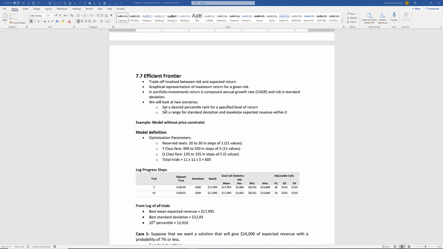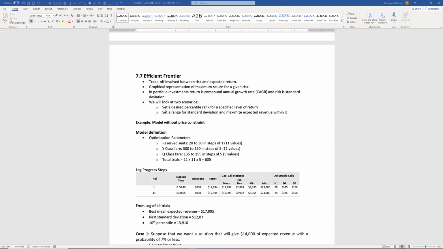Okay, and we will look at two different scenarios. We have a particular return that we want, say expected revenue. We got a maximum expected revenue around 18,000, and that's your mean return, and what is the risk of a lower expected revenue?